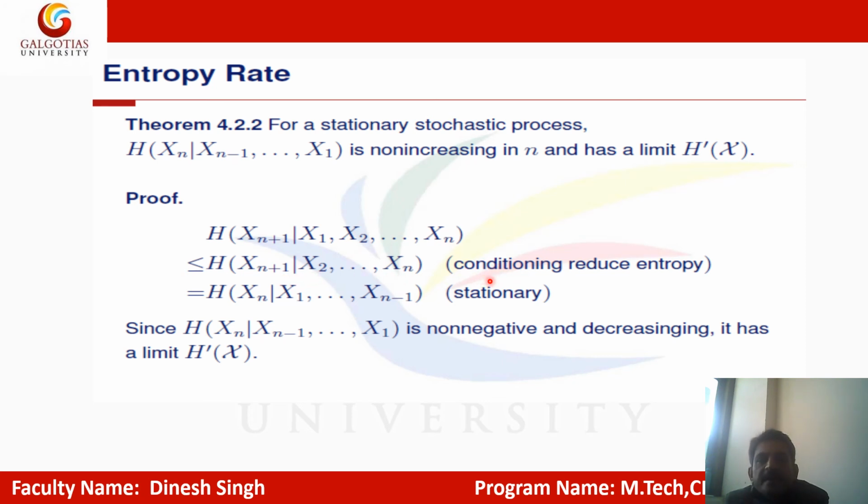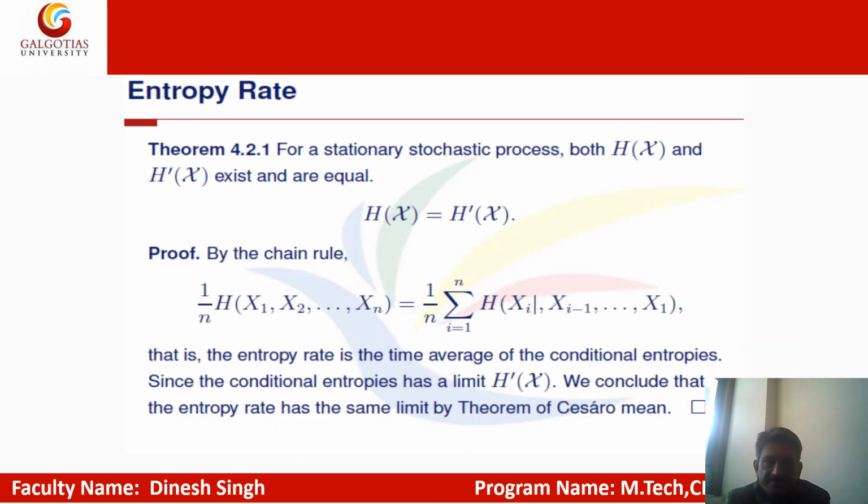This is because conditioning reduces entropy, and then this is by stationarity. Since H of Xn given X of n minus 1 is non-negative and decreasing, it has a limit H dash of X. So it is proved that it is non-increasing in n and has a limit H dash of X.